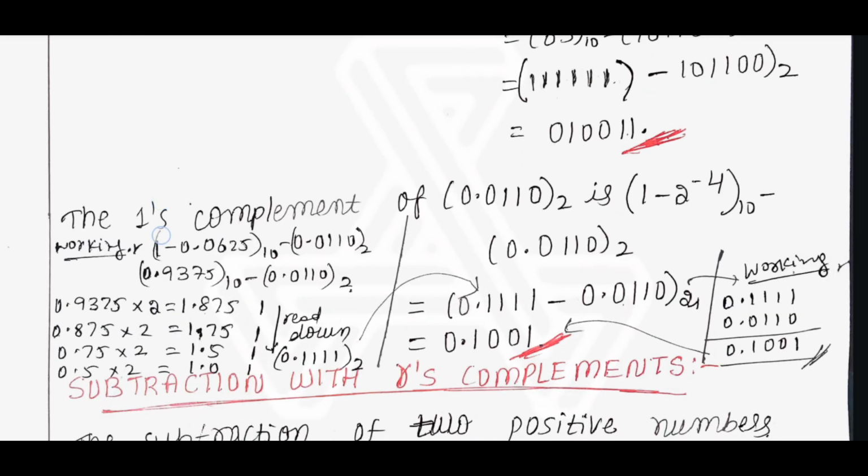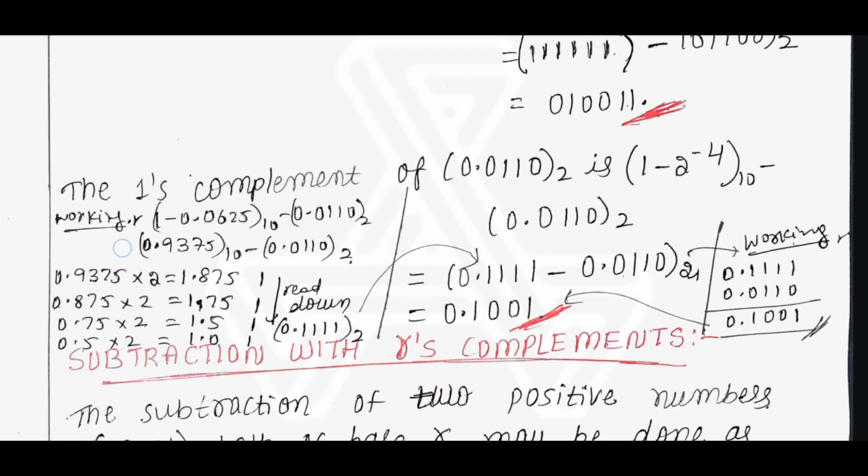We have the number 0.0110, so 2 power 0 minus 2 power minus 4, then again minus 0.0110. In normal form we have 1 minus 2 power minus 4, which in decimal is 0.9375.